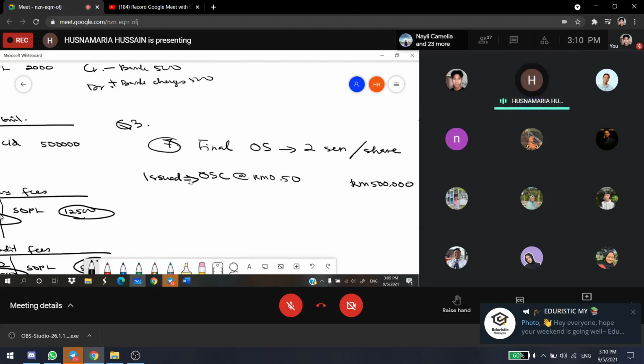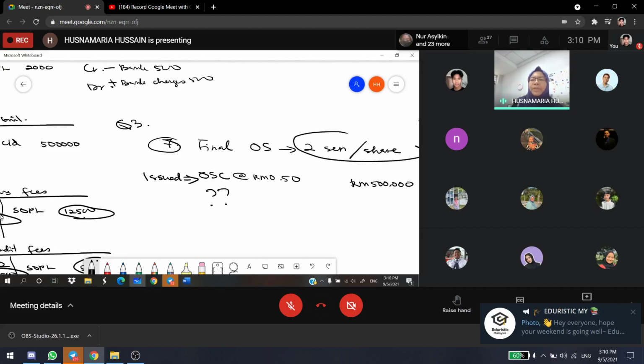So who can tell me how many units of ordinary shares that has been issued? Kenapa kita kena calculate how many shares issued? Sebab dia kata 2 cent per share. Dia tak cakap pun how many units kat sini. Then, how many units? Who can tell me how many units?